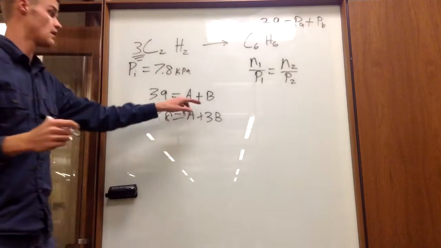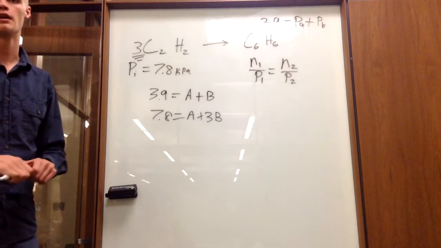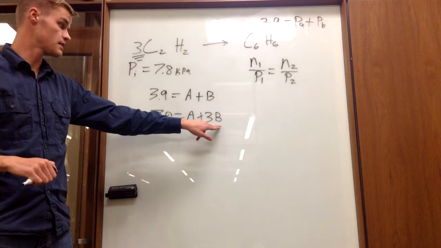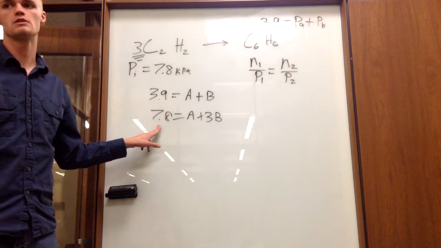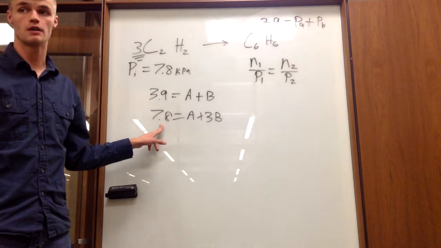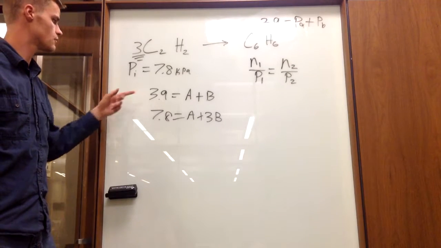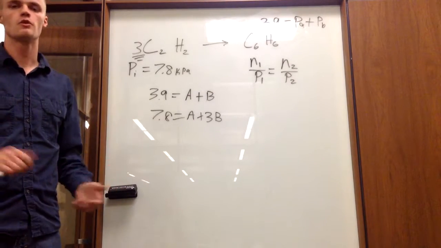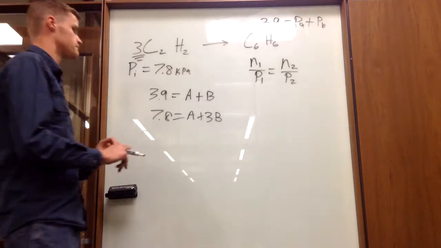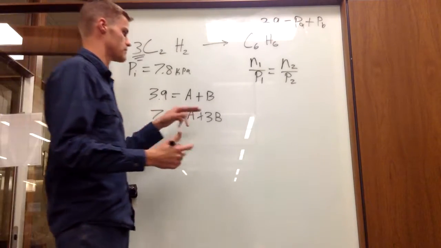So we multiply the benzene by 3, that gives us the original moles that we started with. So that gives us our first equation and our second equation. 2 equations, 2 unknowns, we can solve that. So we're just going to solve for A and B really quick.